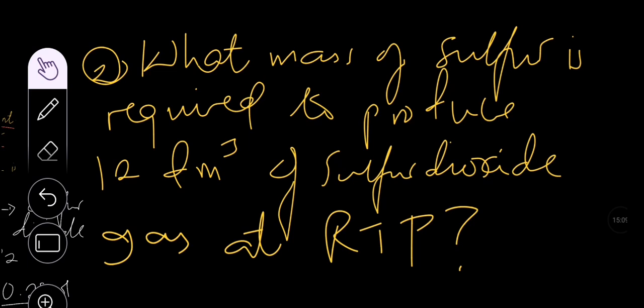For clear understanding, I'm still using the same kind of equation, oxygen producing sulfur dioxide. Otherwise, you can try with other elements or atoms, whatever it is. Here we're asking for the mass of sulfur. Now we're coming from the right, going to the left.